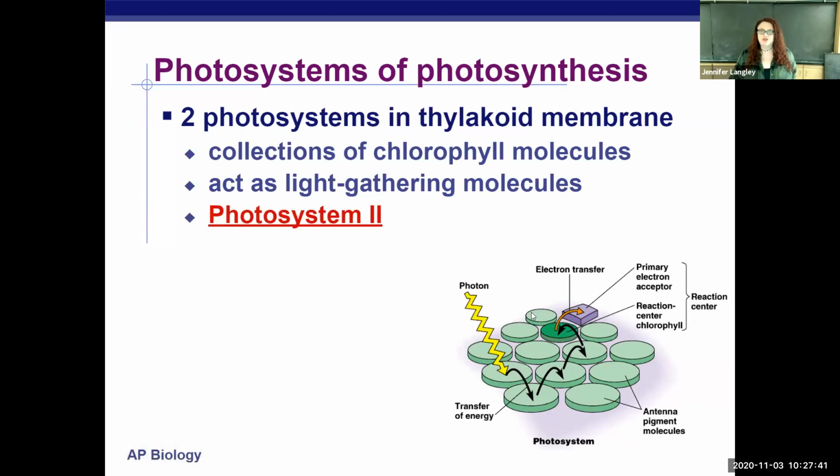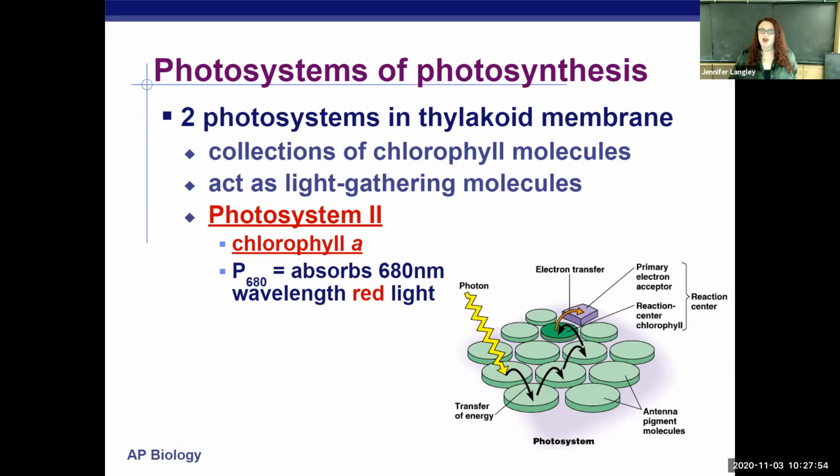The first photosystem triggered is called photosystem 2. It uses chlorophyll A at a wavelength of 680 nanometers. That's red light. It's triggered by red light.